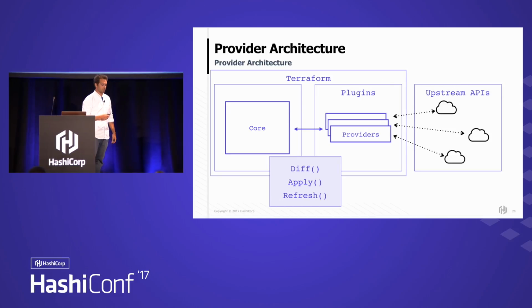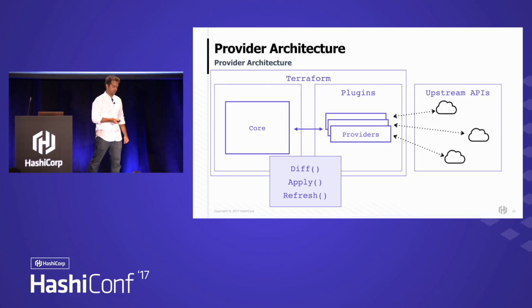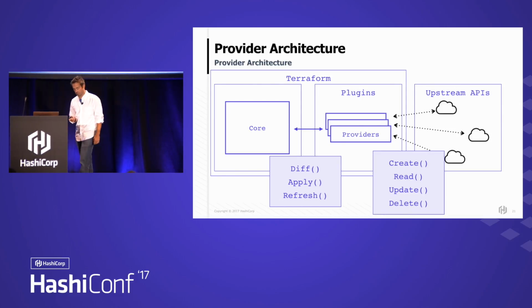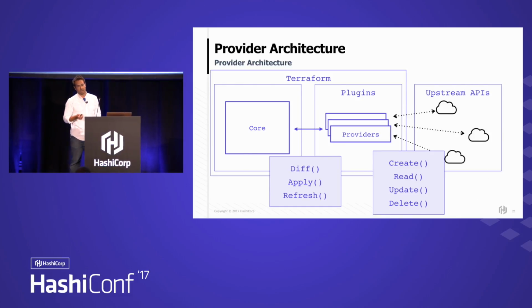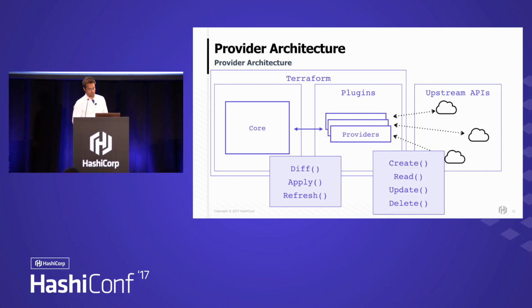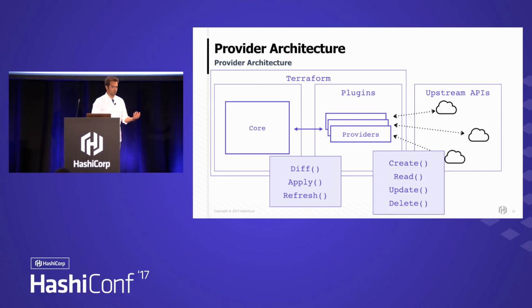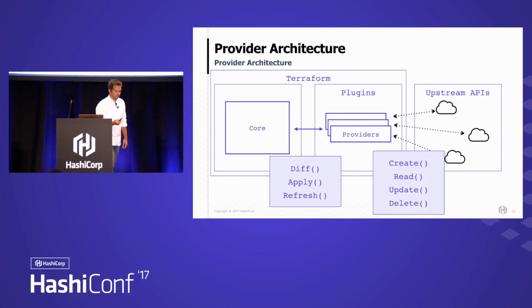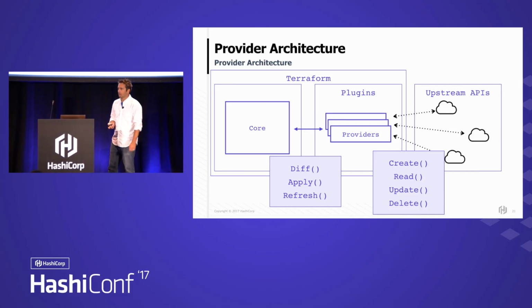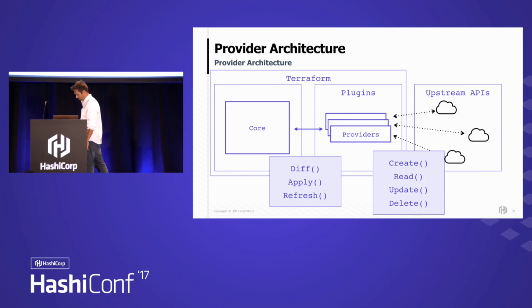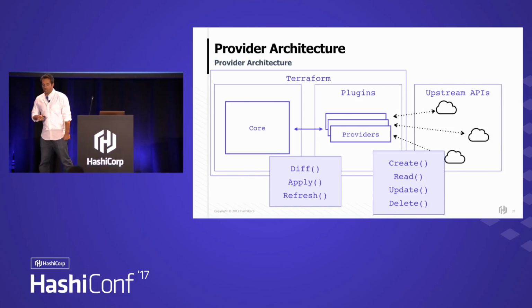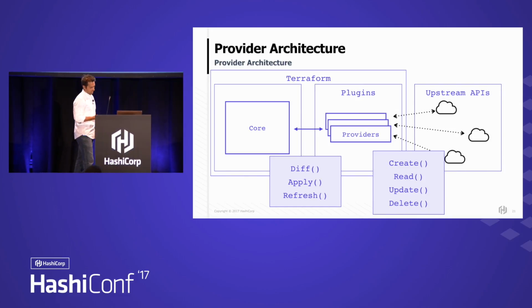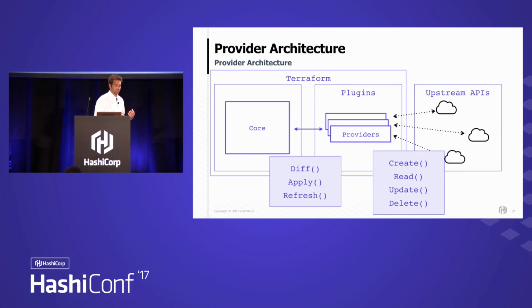All right, so where I said earlier, Terraform Core is concerned with diff, apply, and refresh, Terraform Providers are defined in terms of create, read, update, and delete. If you've ever written a controller in an MVC application, those are all going to be very familiar to you. The plugin provider architecture gives you a thing called helper schema, which helps us define resources in just these terms.